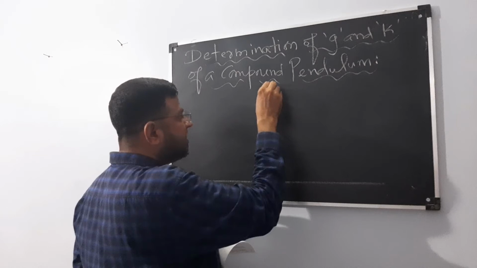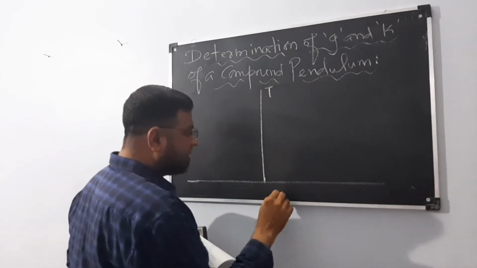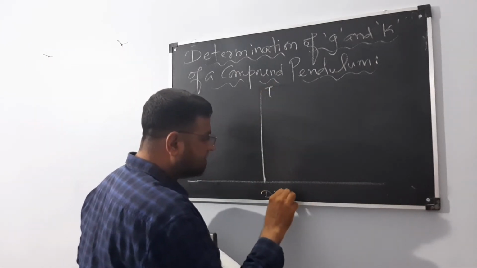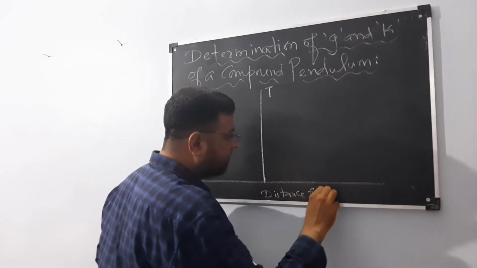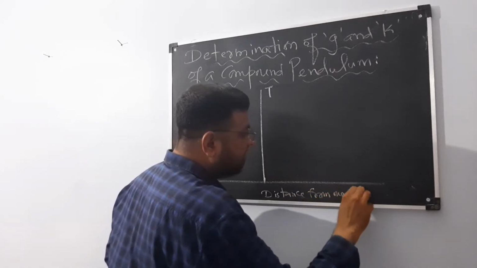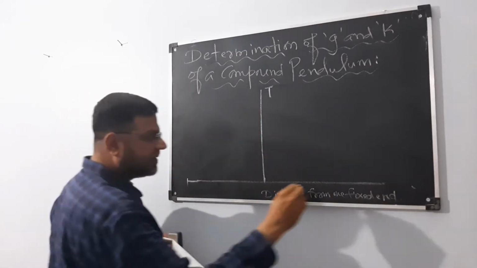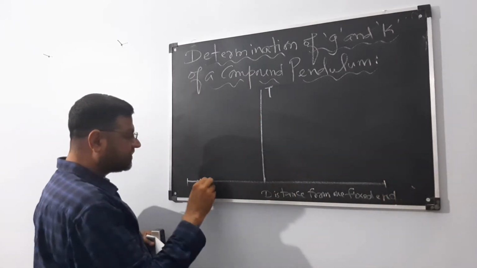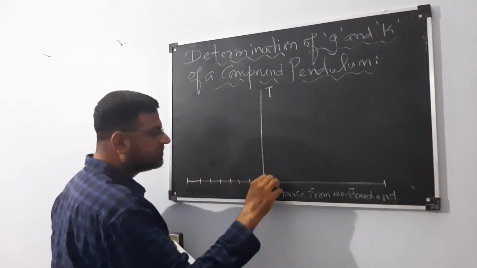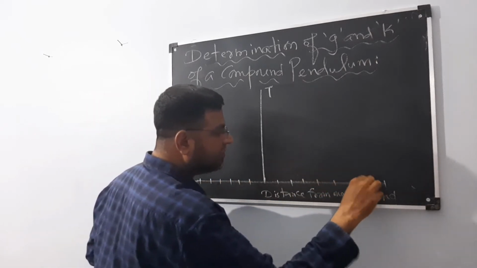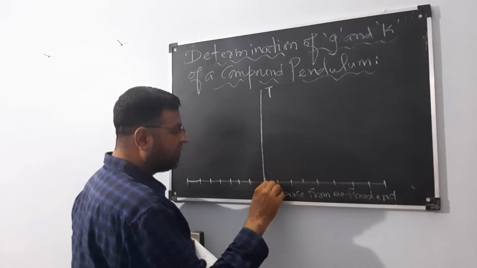Here I am taking the period of oscillation T. Here I am taking distance from one fixed end. So this I have to mark as, so this will be your 50.